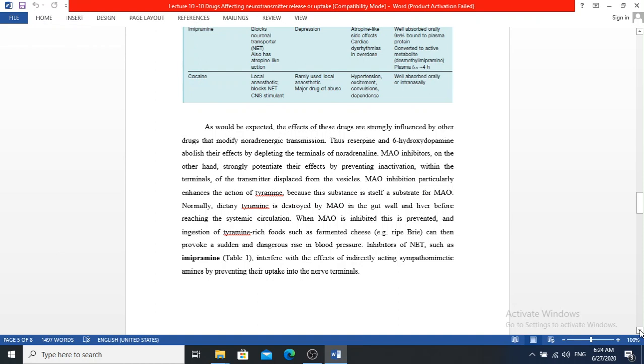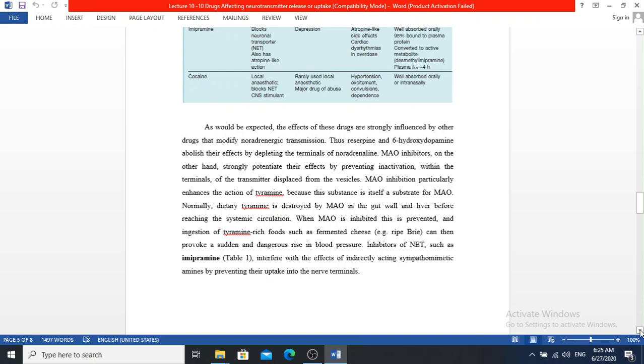Thus, reserpine and 6-hydroxydopamine abolish their effect by depleting the terminal noradrenaline. Monoamine oxidase inhibitors, on the other hand, strongly potentiate their effect by preventing inactivation within the terminals of the transmitters displaced from the vesicles.